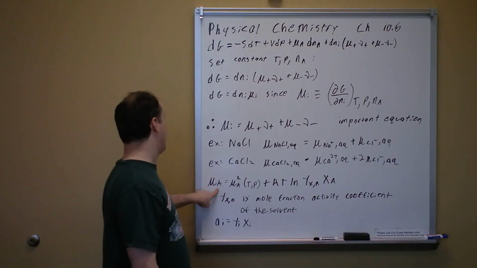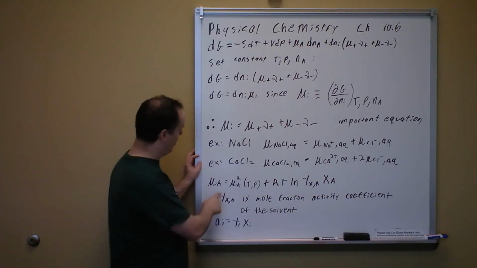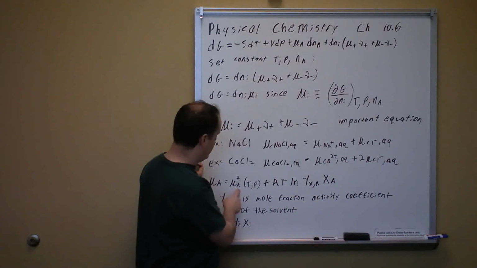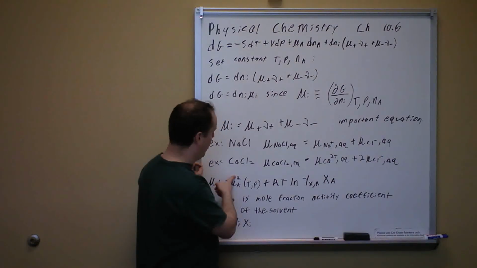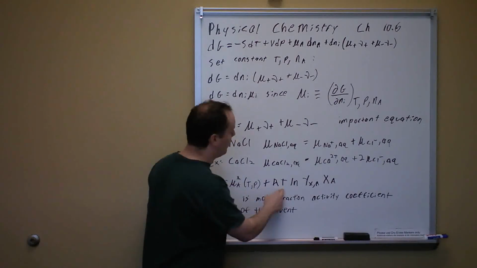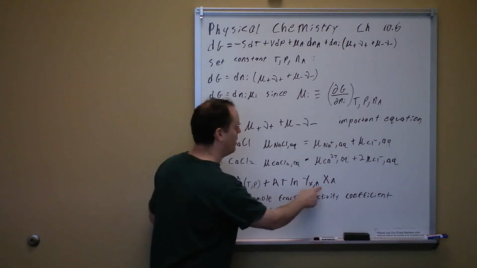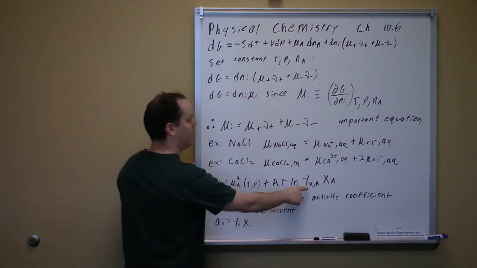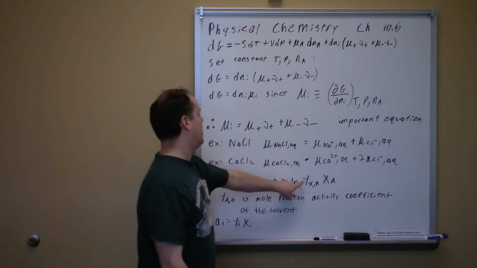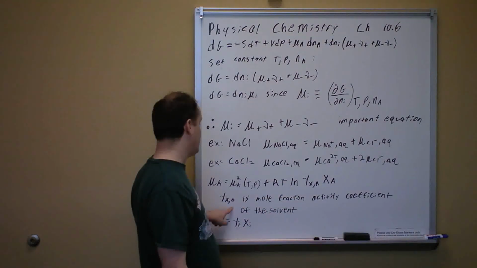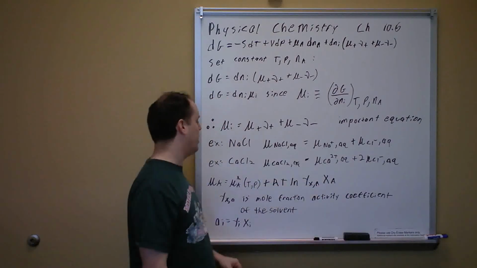Now, remember, for A, our standard is the solvent. The chemical potential of our solvent is equal to the chemical potential of our substance star, which means pure, remember, at whatever temperature and pressure, plus RT natural log of gamma sub x of A times the mole fraction of A. This nomenclature means it's the activity coefficient when we're using mole fraction as units.